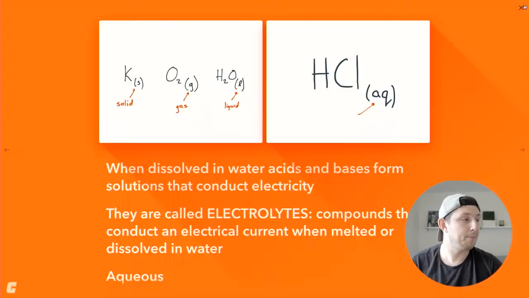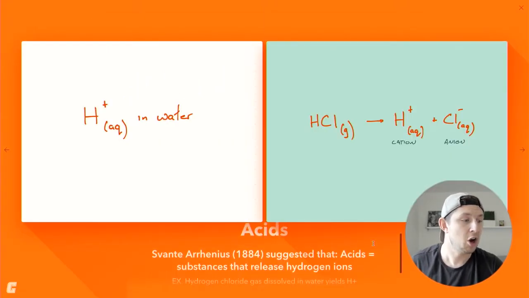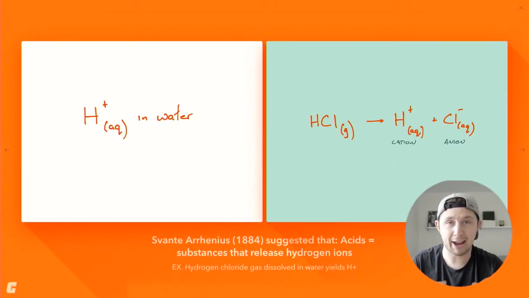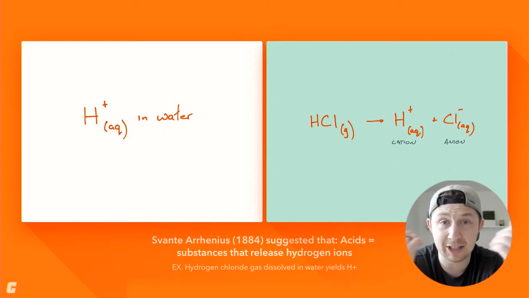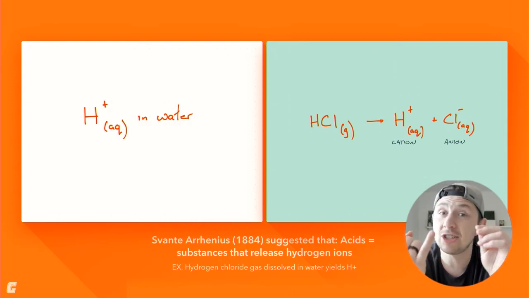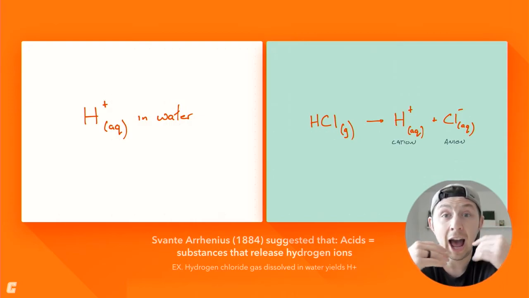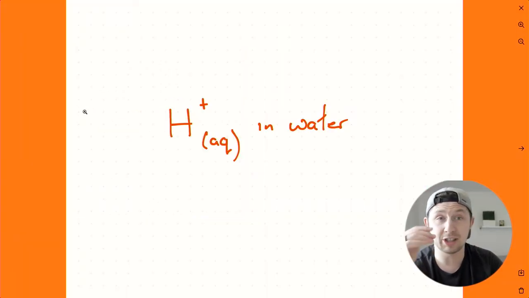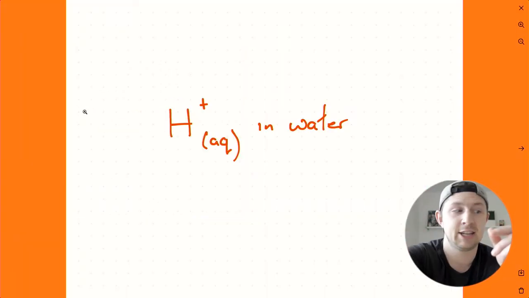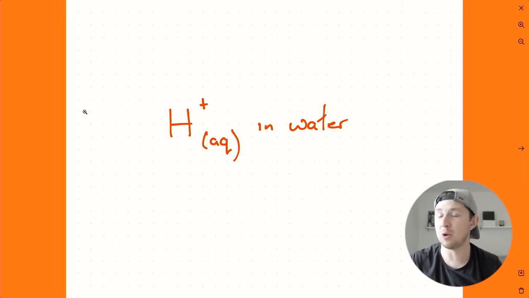So as we throw back a little bit of history, Arrhenius was the first guy that suggested, back in 1884, that acids and bases release specific ions. In the case of acids, Arrhenius suggested that acids were things that release hydrogen ions. And so it would look something like this, the ion H+ in water, and we put that little aqueous symbol to remind us that it was dissolved in water.